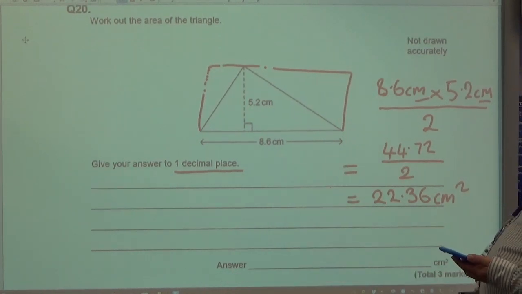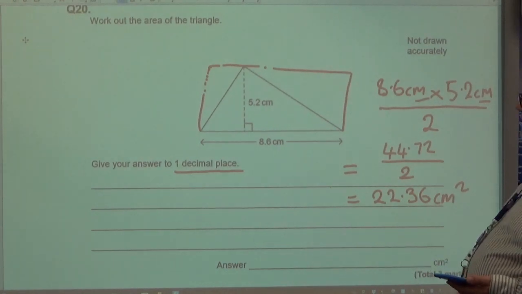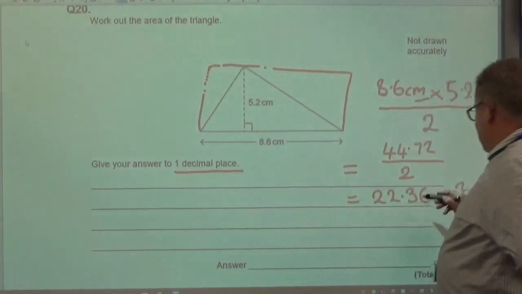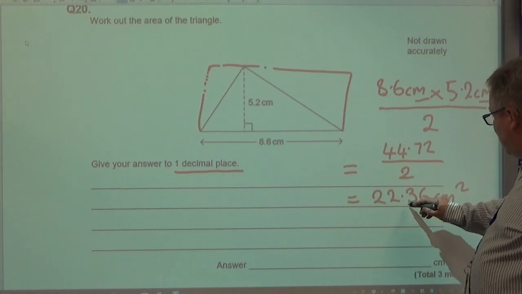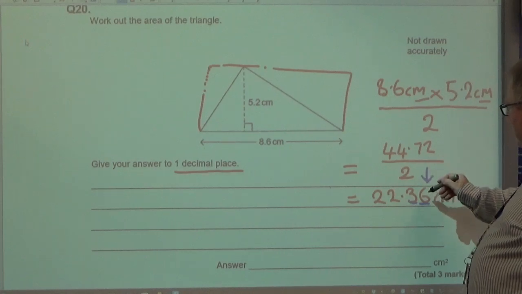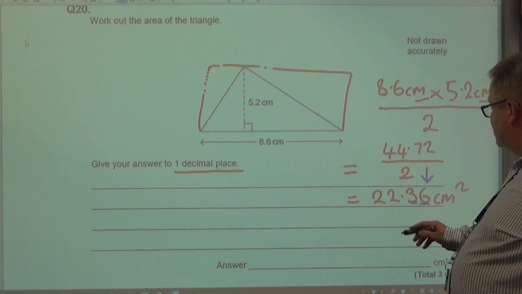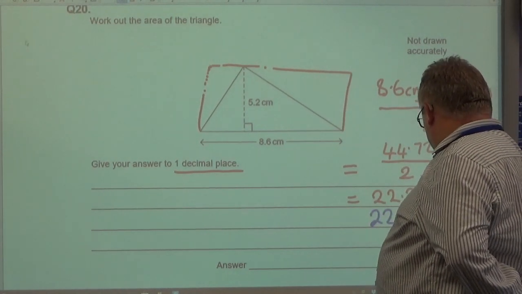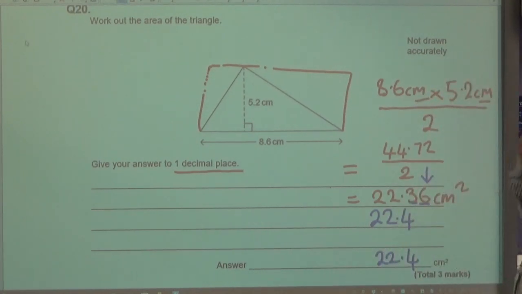Now, the key bit which I underlined at the start, so I'm not just going to race in and put the mark in there, is to one decimal place. So, when we're going from the decimal point there, we go one place and to 2 places, and then we're going to look at that. If that's 5 or more, then that goes up. It is, so that goes up. So it's actually going to be 22.4, so 22.4 centimetres squared.